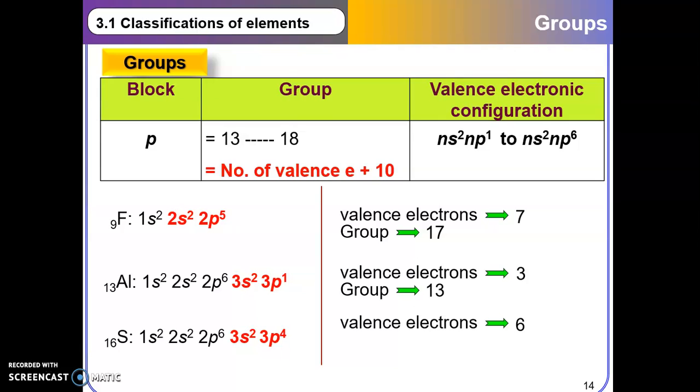Why 6? Because the valence electrons are in the valence shell, and the valence shell here is shell 3, 3s and 3p. From there we can tell the total number of valence electrons. Since sulfur is in p block, the group number will be 6 plus 10, which is 16.